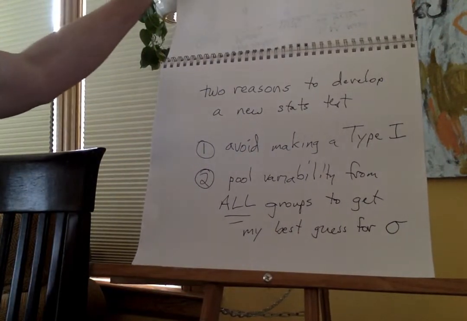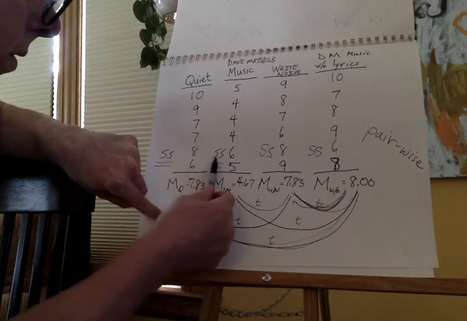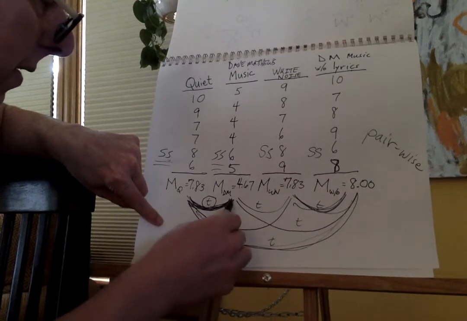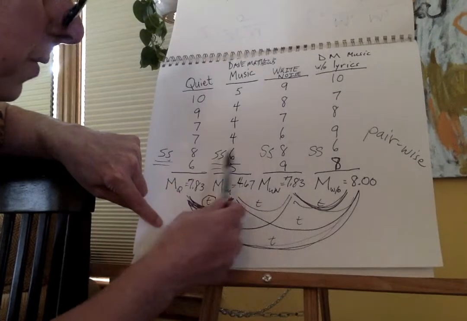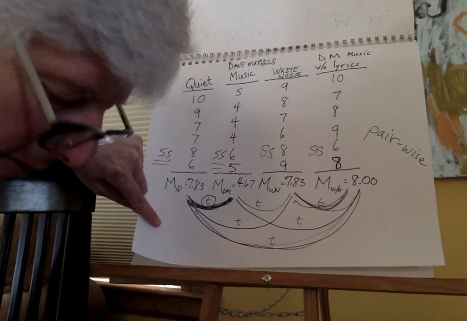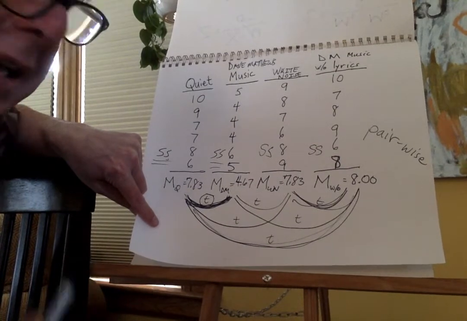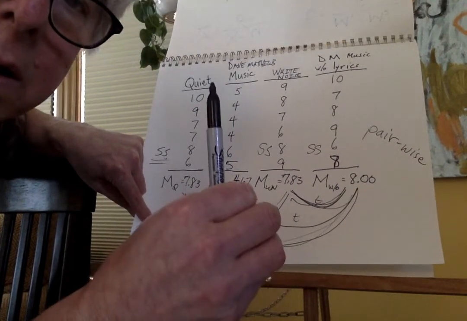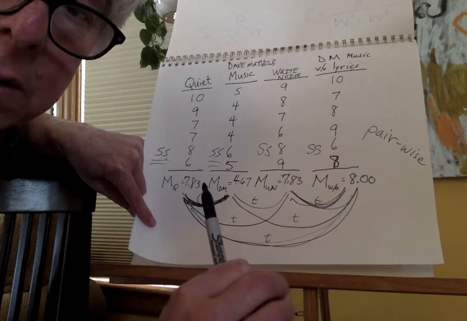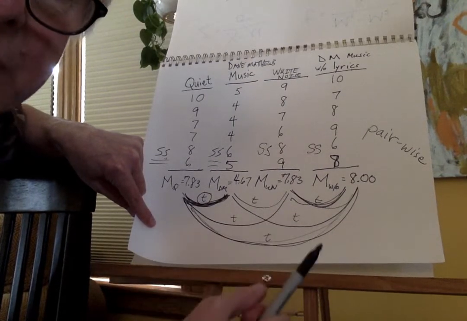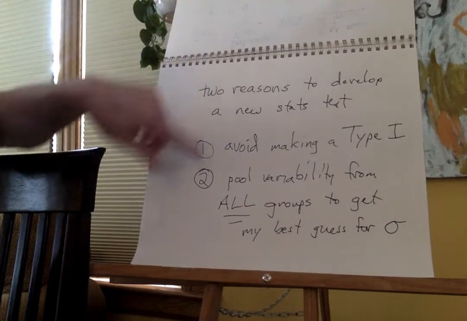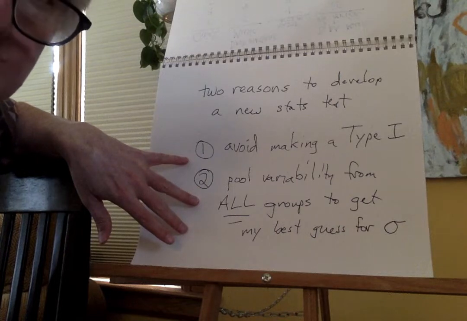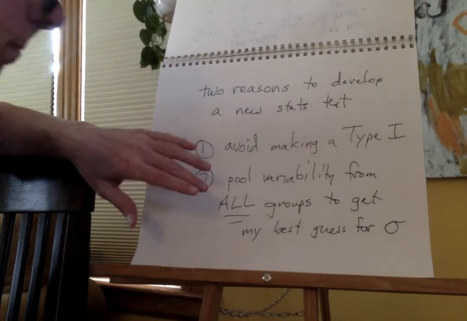So instead of using just these 2 when I'm making this pairwise comparison, I'm going to make this pairwise comparison, but in the denominator I'm going to use 4 groups. If I had 5, I would combine 5 of them. If I had 10 groups, I would combine 10 of them, so on and so forth. That makes my denominator the best guess for sigma, okay? Because I have more information. So I want to avoid making a type 1 error, and I also want to pool my variability for all of the groups in the experiment, okay?